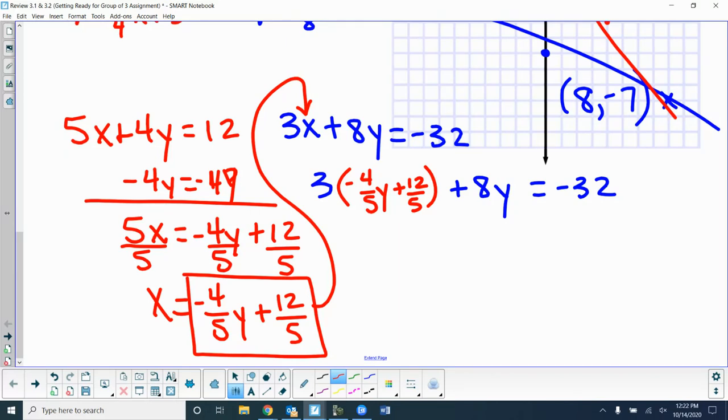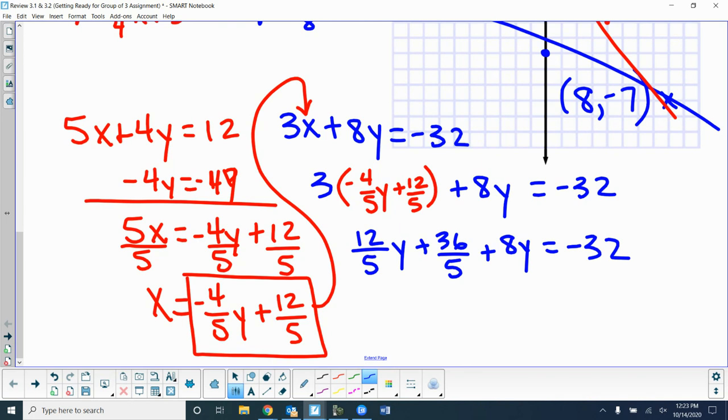Okay? So I'm going to do what with that 3? Distribute, right? So negative 12y, or 12/5. You only multiply the 3 times the numerator. The 5 stays 5, the denominator. And then 3 times 12 is 36/5 plus 8y.